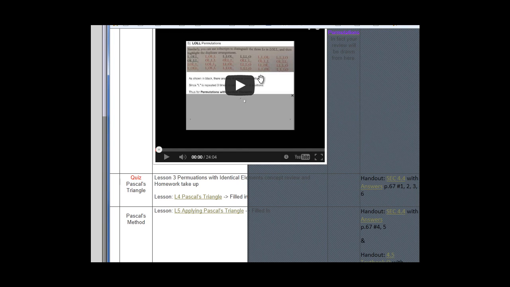Okay, you can download the handout, section 4.4 with answers. And the handout says page 6, 7 on number 1, 2, 3, and 6. So good luck. Here was the skeleton notes, as I call them. If you happen to not know that, that's where they're always going to go. And then once they're filled in, I post them filled in.